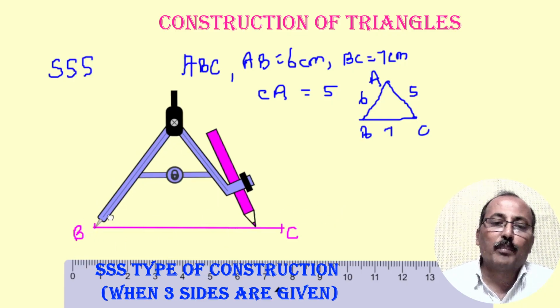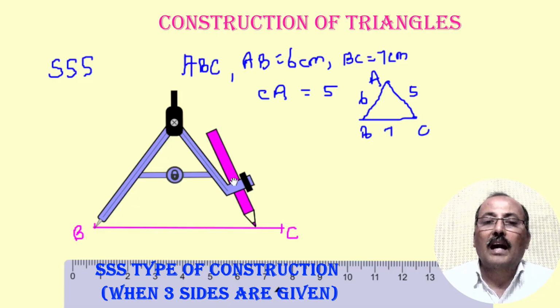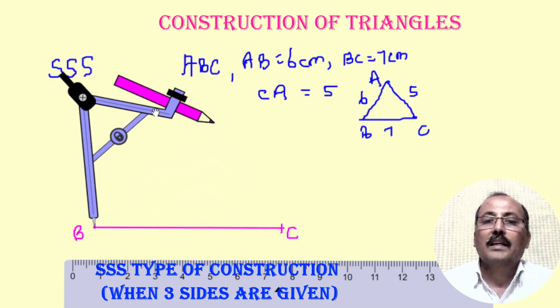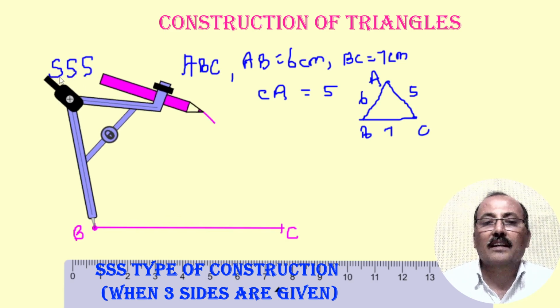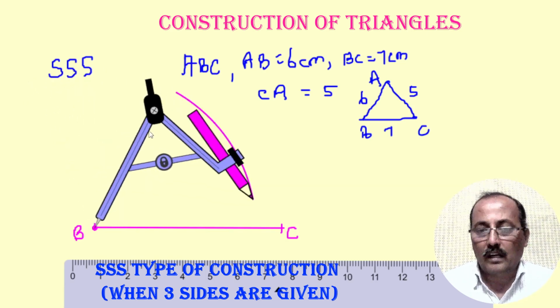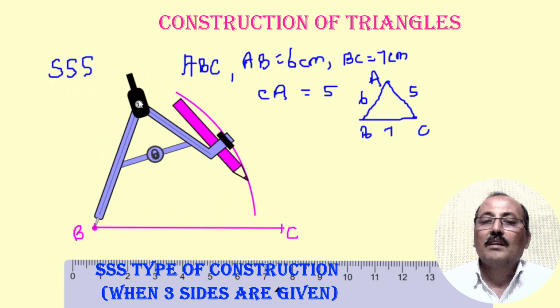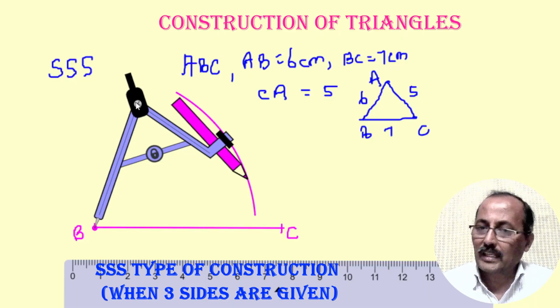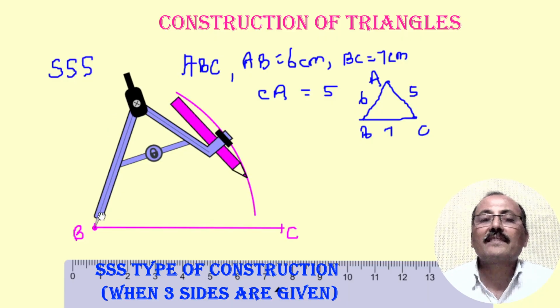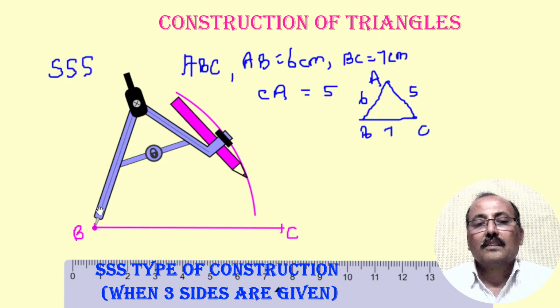Keep this compass at B and try to draw an arc here somewhere. You can draw a full arc also, but it is not necessary. If you are unable to guess how much it will come, you can draw it.